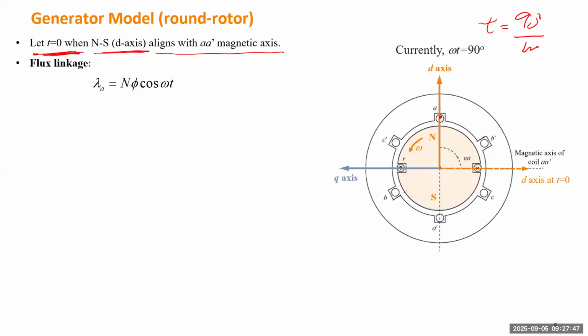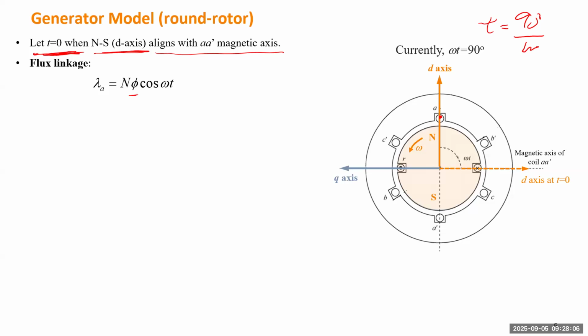For the flux linkage, phi here is just the flux generated by the magnet. N is the number of turns of winding A, and the cosine of the angle determines the relative position.